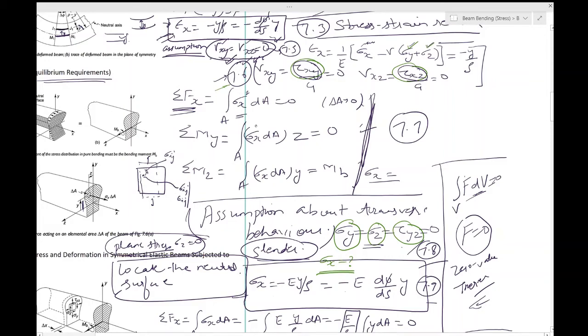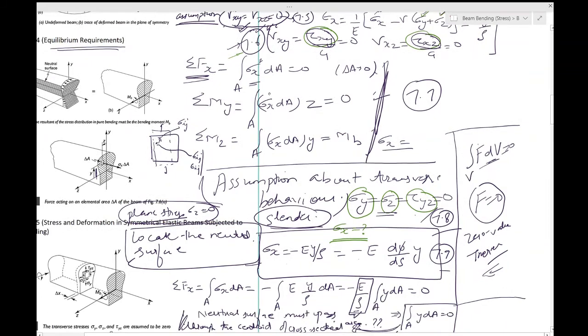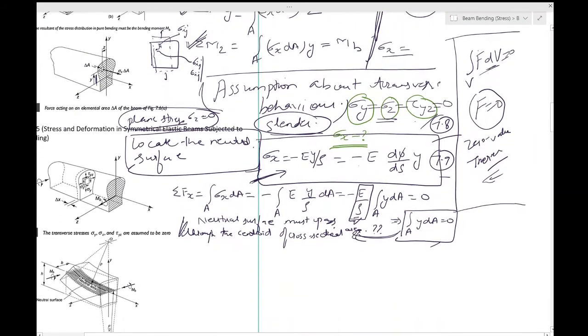Now substitute this 7.9 into this 7.7, first and second.